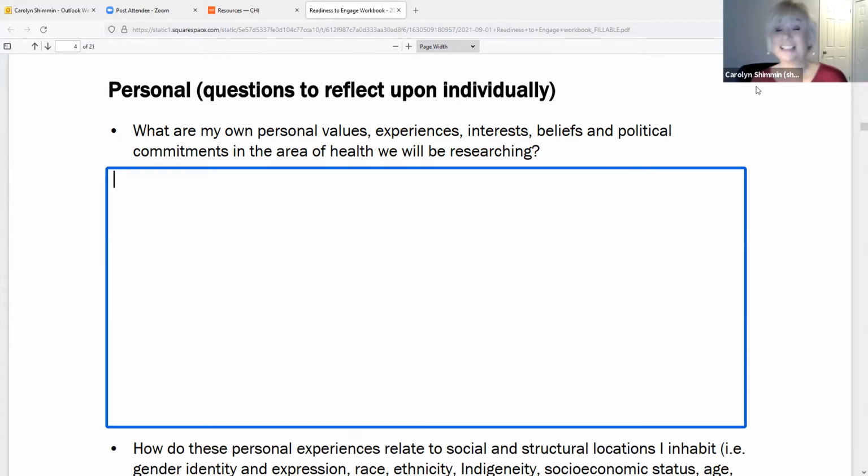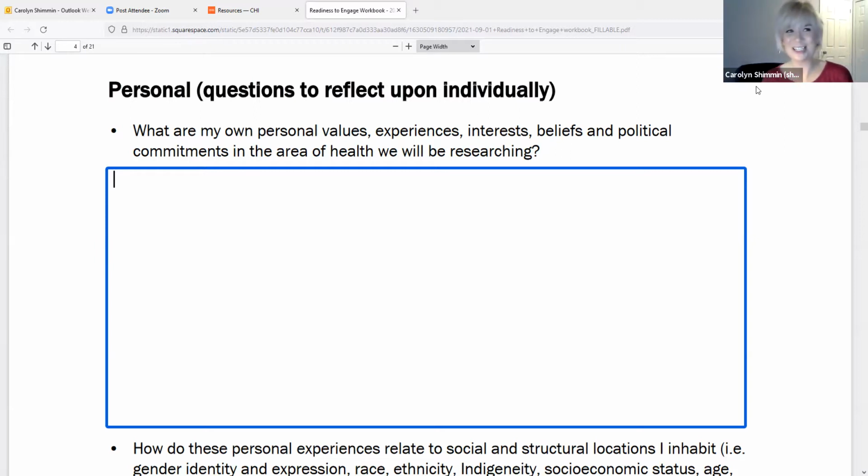So this is going to be different, especially for health researchers who are perhaps more on the quantitative side. On the qualitative side, there are certain methodologies where you do get into positionality and epistemology and ontology and critical reflexive practice. But for some research, this is going to be kind of a new area of thinking about your own personal values and how that relates to the research that you are doing, and some of the political commitments as well.